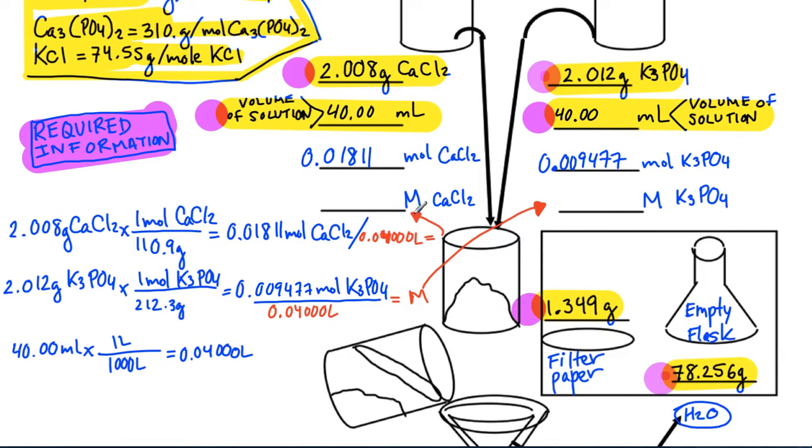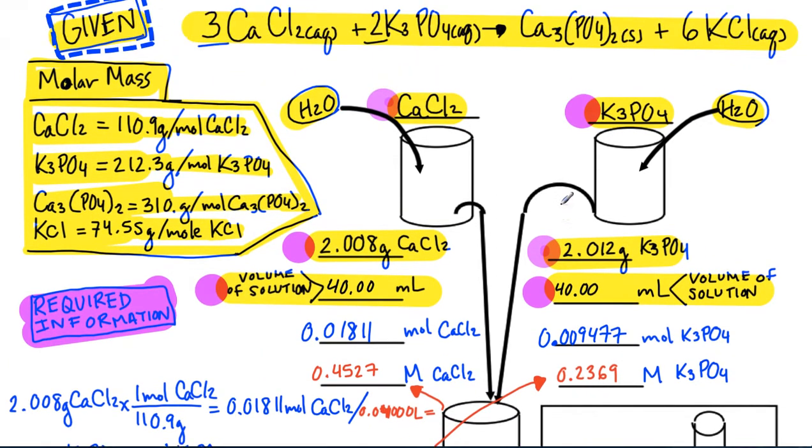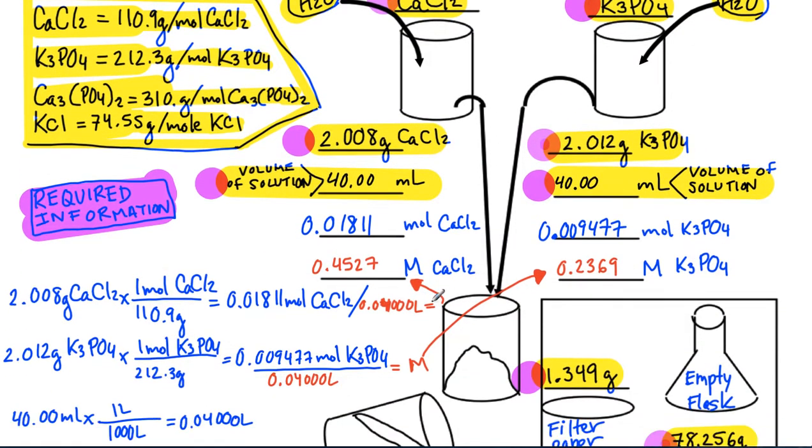So on this one, when we solve for the molarity, what we get is 0.4527 molar calcium chloride, and over here what we get is 0.2369 molar.